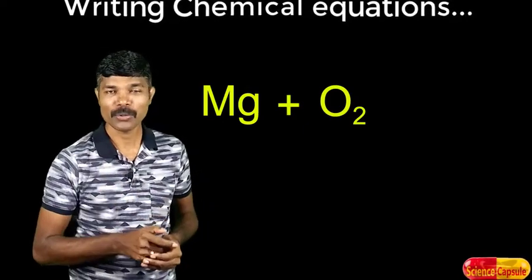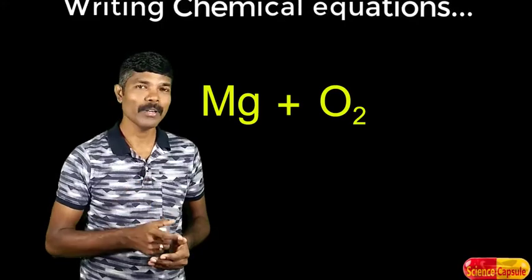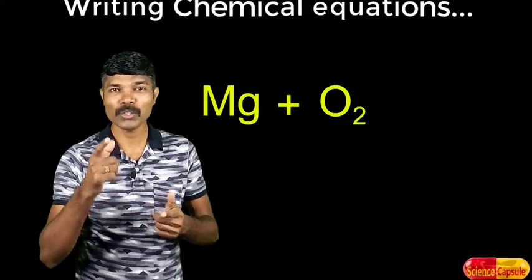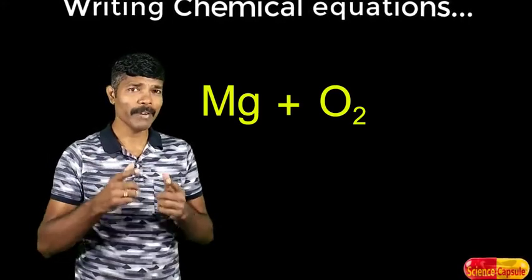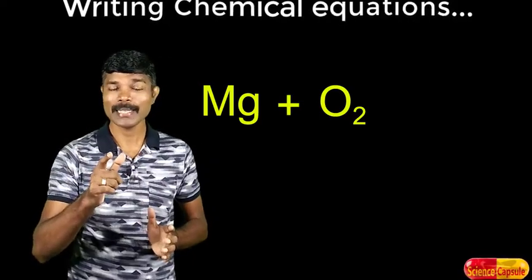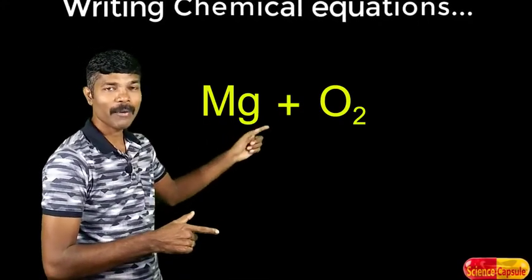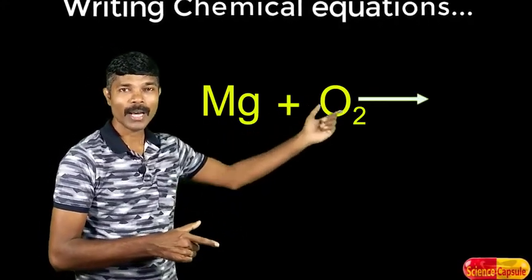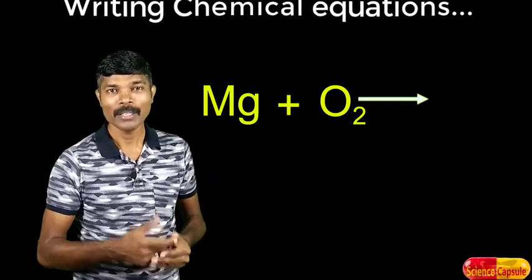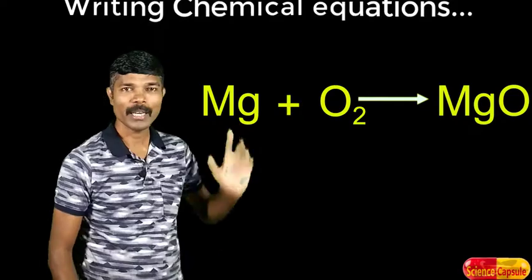One more thing to note is that oxygen is always written in a molecular form. The symbol of oxygen is O, that we know, but whenever oxygen exists independently, we have to write it in molecules. So here magnesium and oxygen are there, followed by an arrow. On the other side, the product will be formed. The formula of magnesium oxide is MgO, so we have written MgO.